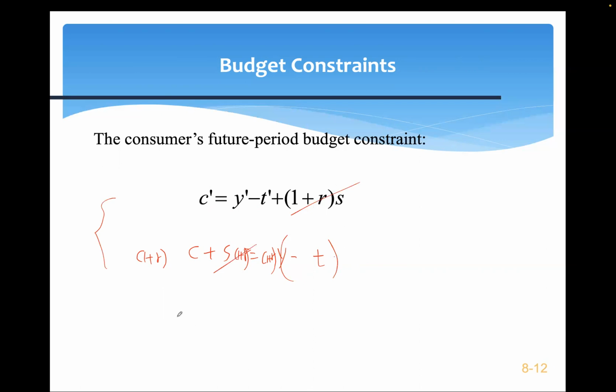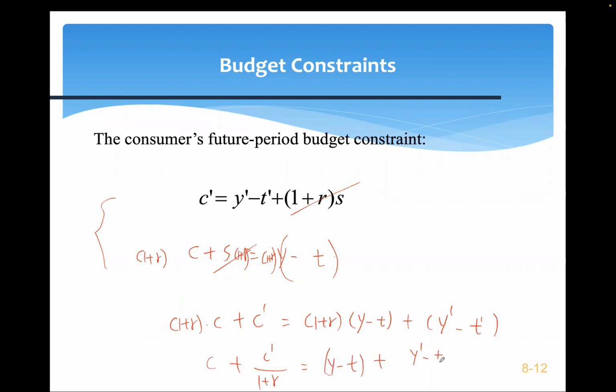And then on the left-hand side, we end up with 1 plus R times C plus C prime equal to 1 plus R times Y minus T plus Y prime minus T prime. But alternatively, we can say C plus C prime divided by 1 plus R equal to Y minus T plus Y prime minus T prime over 1 plus R. So these two are equivalent.